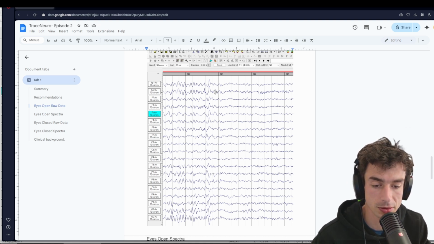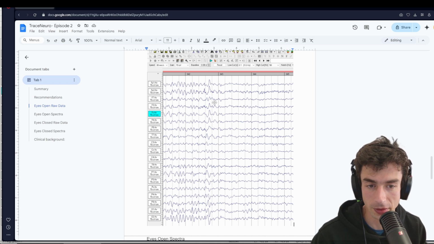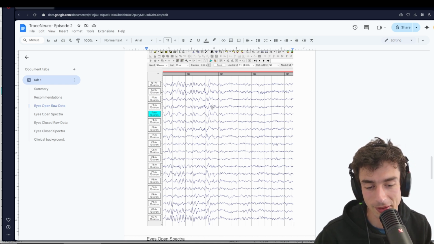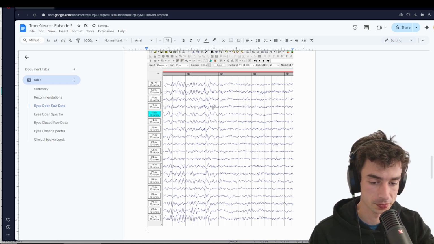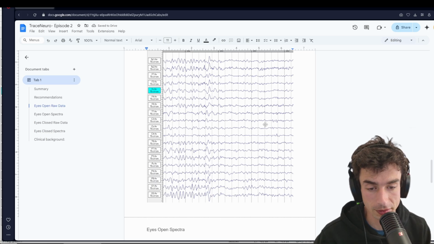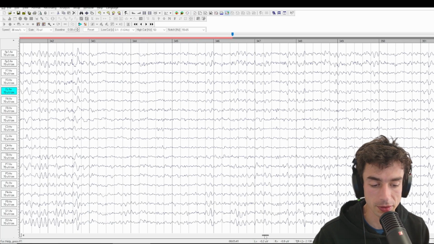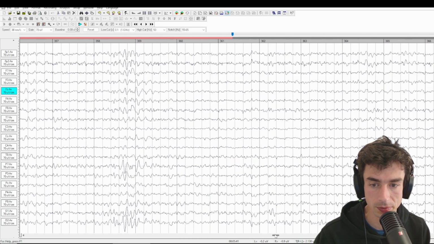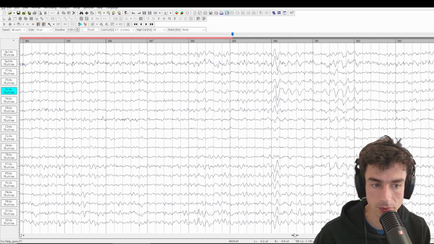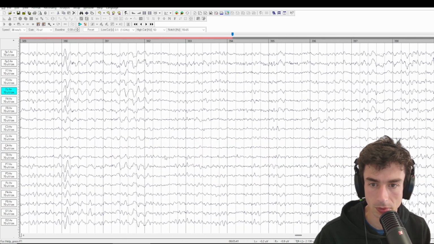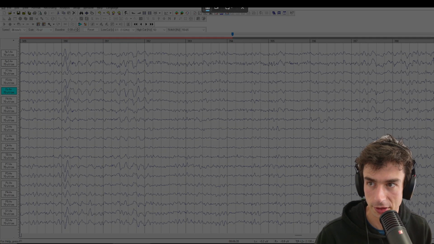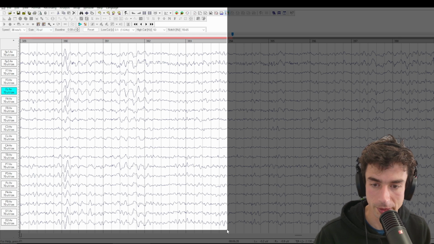Whenever there's something that's sharp, I think it should catch our eyes, both literally and in terms of potential screening for other instabilities. And here's another example of this kind of sharp activity that's phase inverted from front to back.